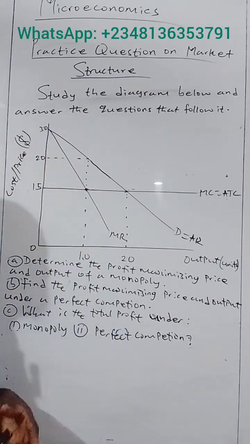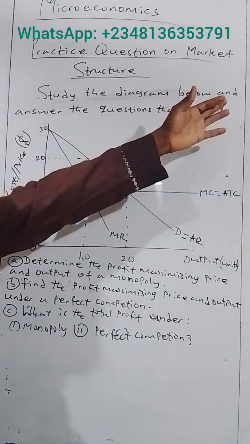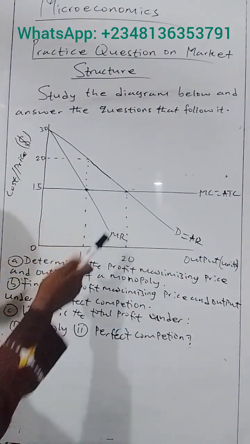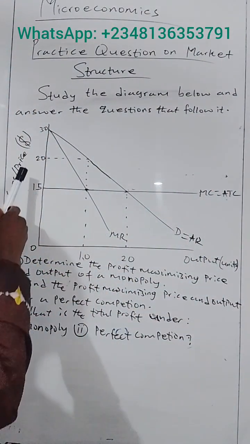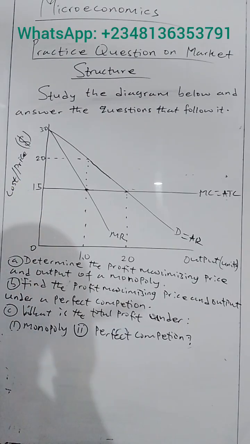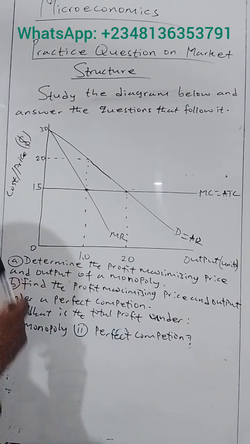In this class, I'll be solving this question on market structure. So the question goes thus. Study the diagram below and answer the questions that follow it. Here is the diagram. On the y-axis, we have cost and price in US dollars: 15, 20, 30. Here's the origin.